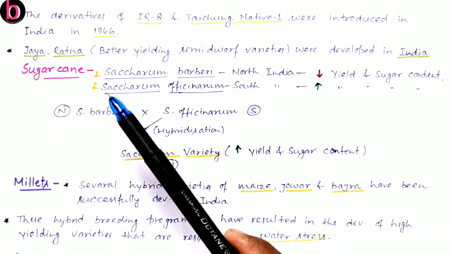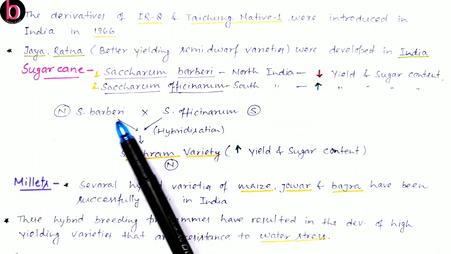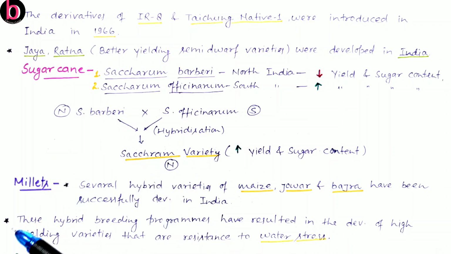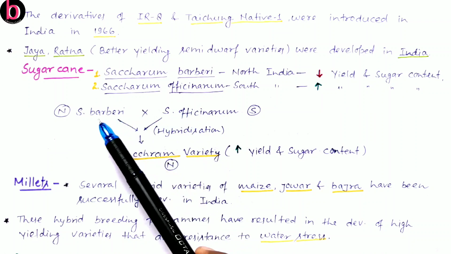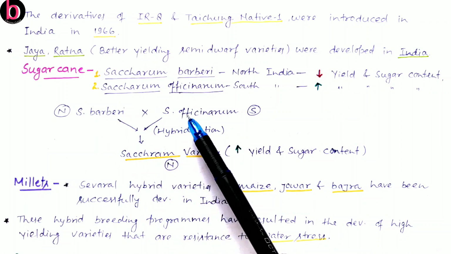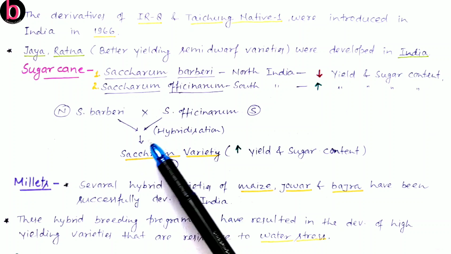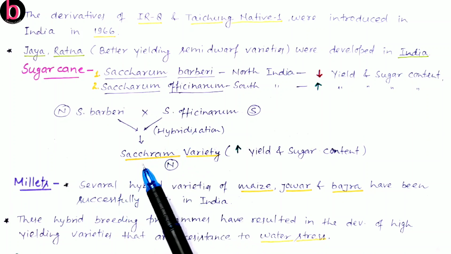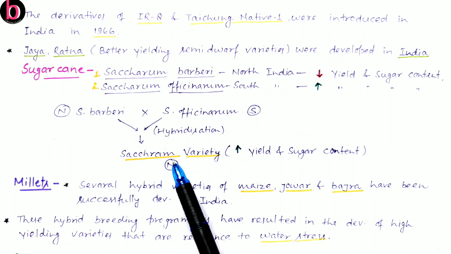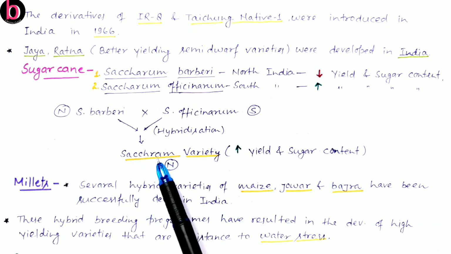So later on, by plant breeding experiments using hybridization, these two species, Saccharum barberi and Saccharum officinarum, were fused with each other, and a new sugarcane variety was developed.